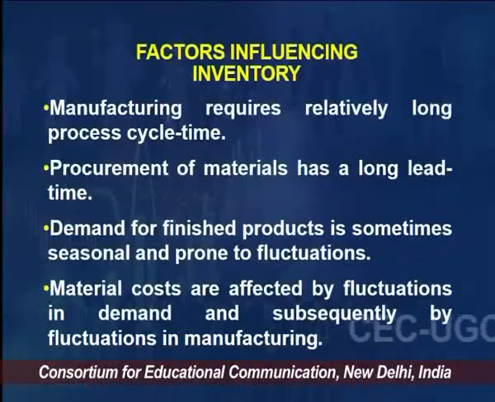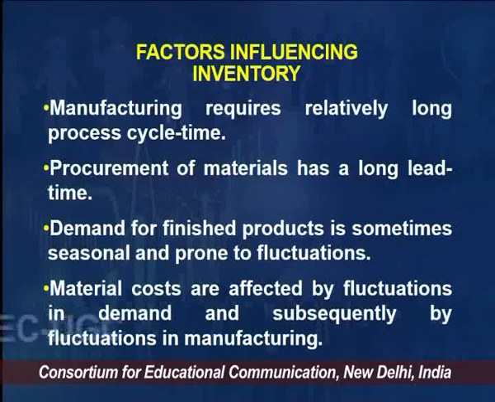Now, once again, there are various factors influencing inventory. We will quickly reiterate what we said. Manufacturing requires a relatively long process cycle time, so this is one of the factors. Procurement of materials has a long lead time. Demand for finished products is sometimes seasonal and prone to fluctuations.